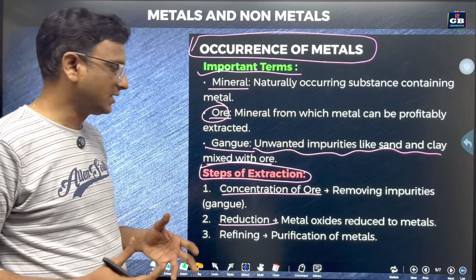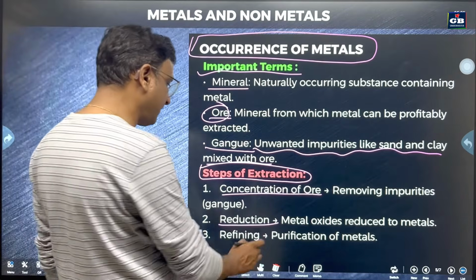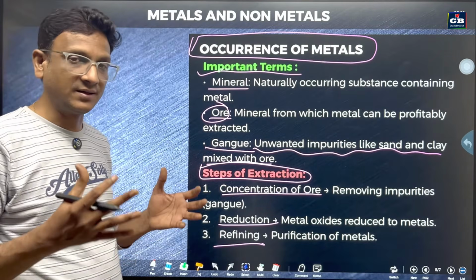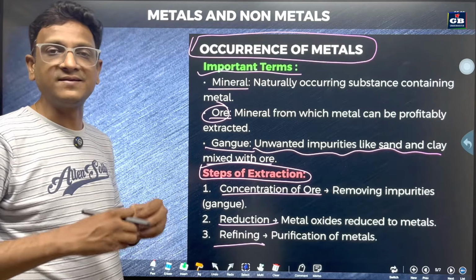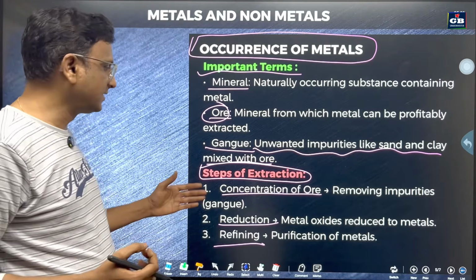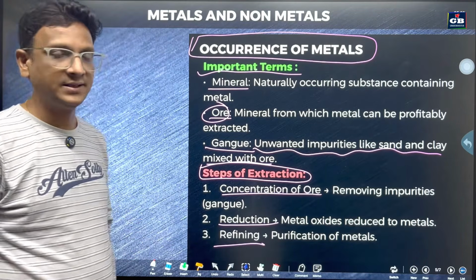The metal oxides are reduced to metals by heating. Third, refining. Some metal is obtained, but it is not completely pure, so they do refinement to extract the pure metal. So these are the general steps: concentration of ore, reduction and refining.